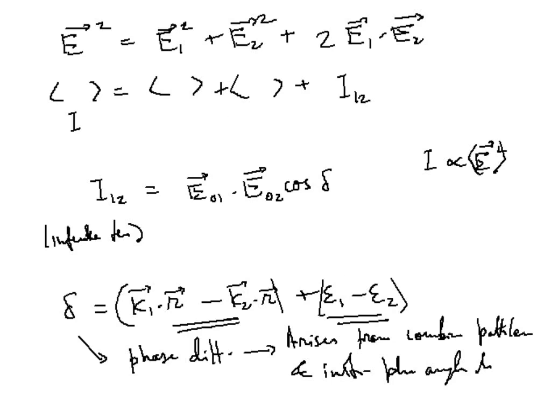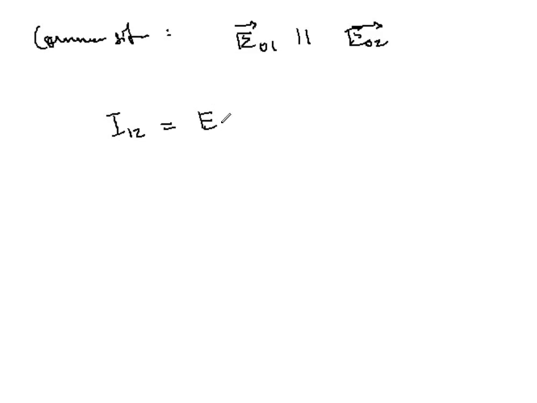Now what next? Let's move forward. Now you see, the most common situation is when we have this E01 parallel to E02. Okay, so what happens is that in this case we will have just the scalar relation, and so I can write it down as this E01, E02, right?